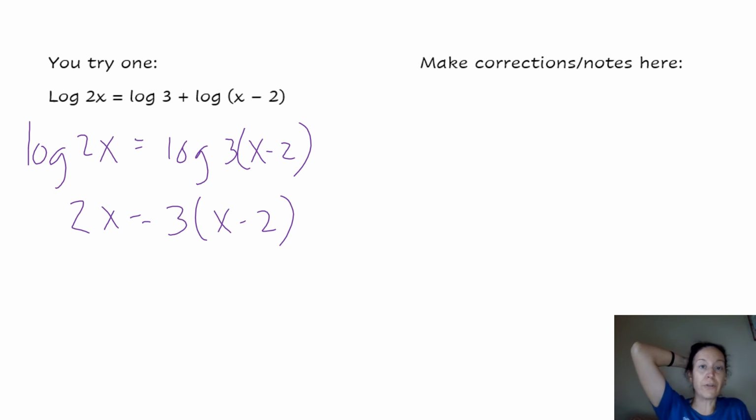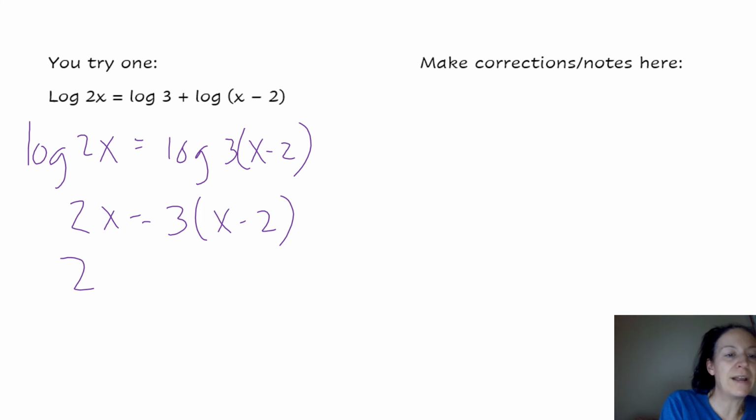And so this is one of the reasons why math can spiral out of control for students that miss a lot of class and who don't bother to make up the missing material as quickly as possible. I know sometimes life genuinely gets in the way of stuff, but it can snowball out of control. And if you haven't seen any of this, or just changing something from a log to an exponent and back and forth, all of that stuff was covered in a previous lesson where that was the main skill.